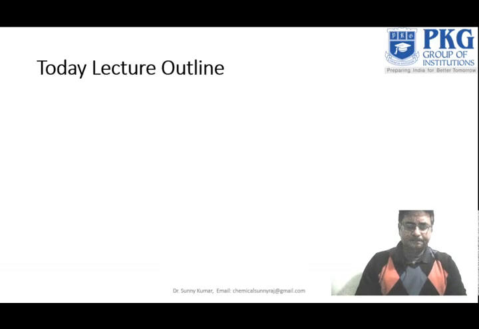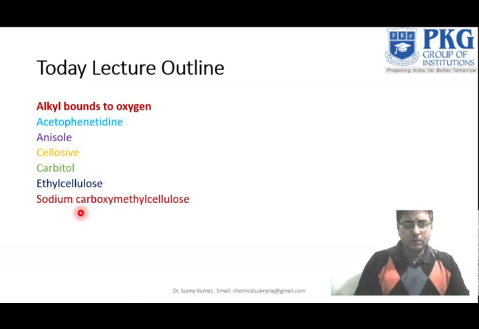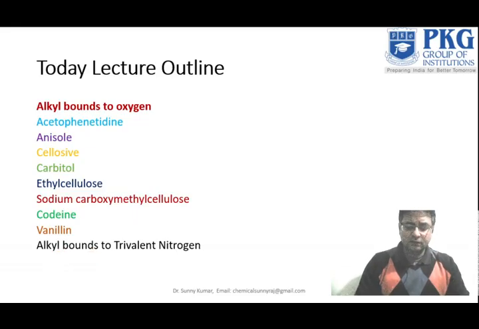After that, in today's lecture we will discuss alkyl bonds to oxygen, where we will discuss acetophenetidine, anisole, cellulosolve, carbitol, ethyl cellulose, sodium carboxymethyl cellulose, codeine, vanillin, and the alkyl bonds to trivalent nitrogen, which have other compounds like diethylamines.